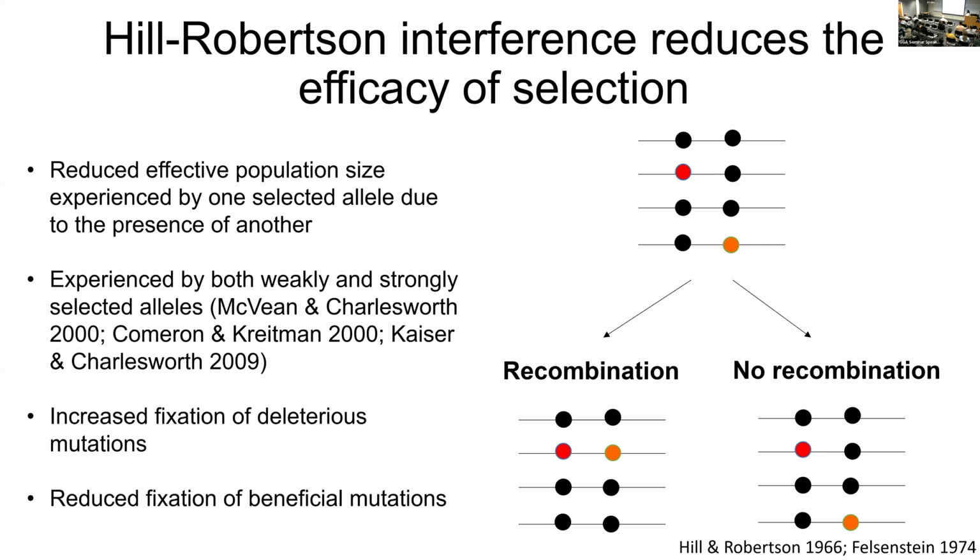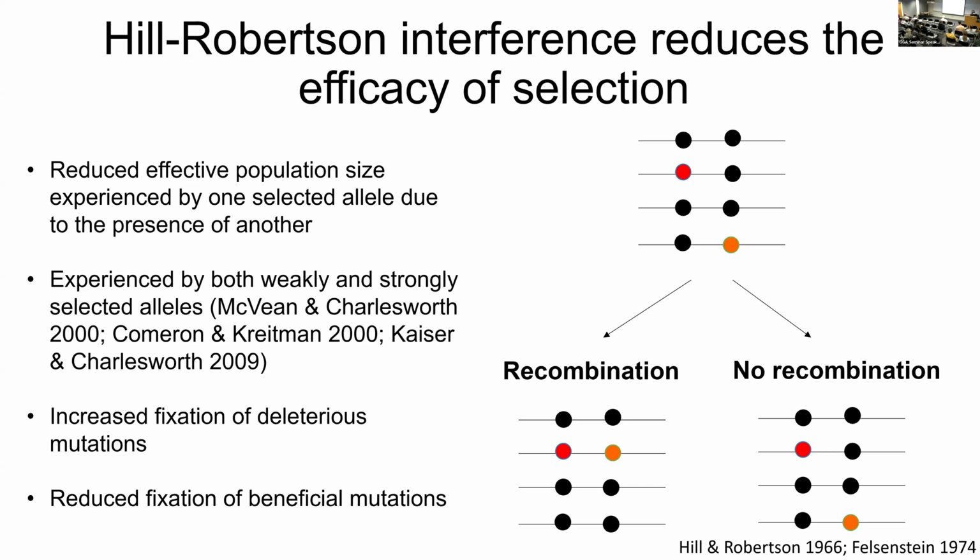If you have multiple segregating selected mutations in the population, they will interfere with each other and reduce the efficacy of selection of each other. So even though you have a mutation under stronger selection, it's going to experience much weaker selection in that population. That's simply because if you have recombination, you can combine them together. If there is no recombination, you're not going to be able to combine them, and they compete and decrease each other's effect.